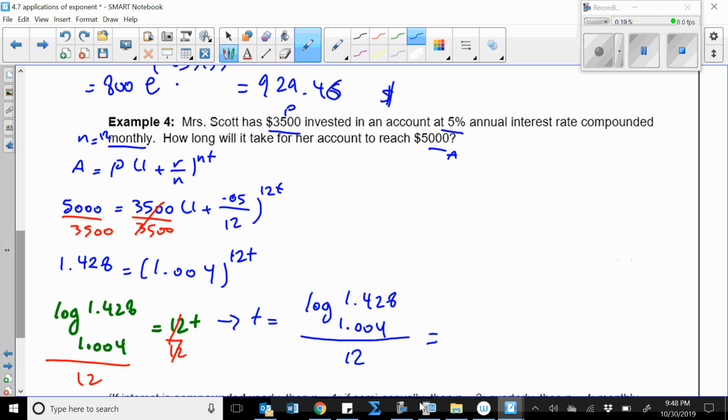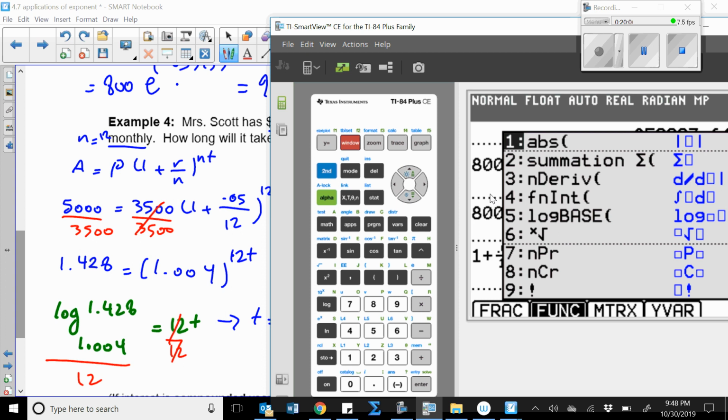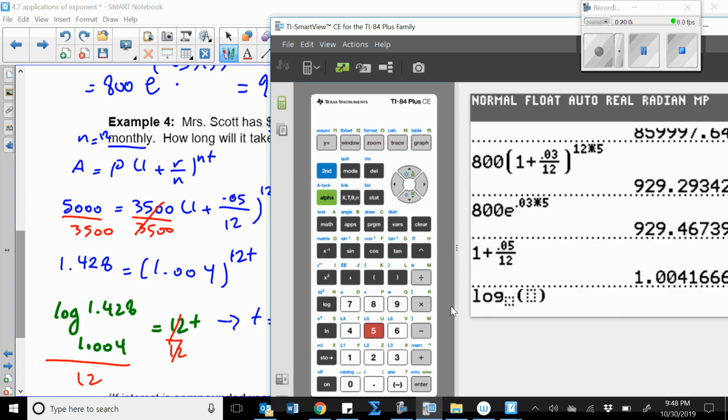Now I'm going to find this value using my calculator. Okay, so I need log base here. So I go to alpha window and number 5 gives me log base. The base is 1.004 and the argument is 1.428.